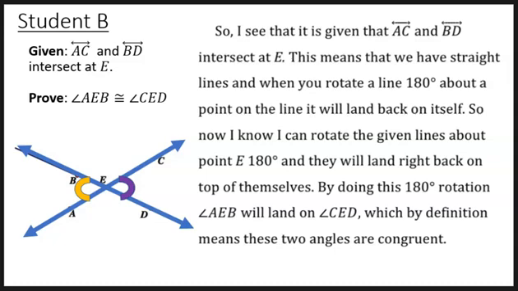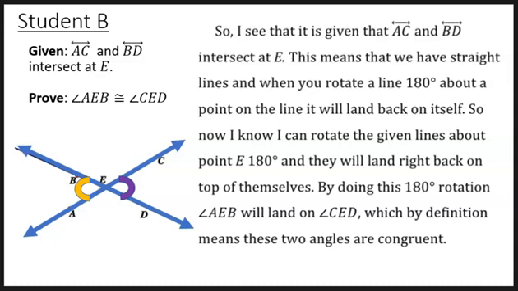Student B approached this problem differently. Not only did they write a paragraph proof, but they used definitions of rotation. They remembered that rotations are rigid motion transformations, and that if you rotate a figure so that it coincides with another, that means the figures are congruent. Their work supports a logical progression throughout the proof. They start by stating correctly that when you rotate a line 180 degrees about a point, it will land on itself.